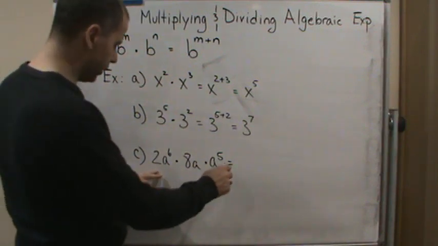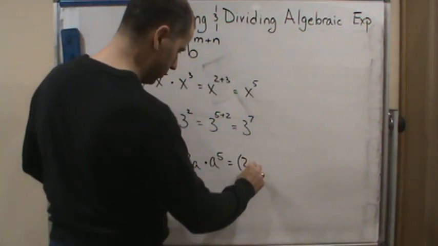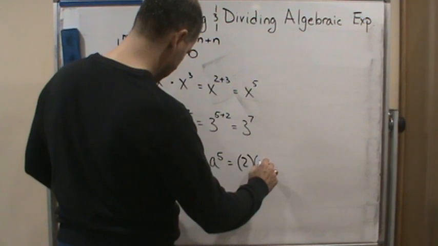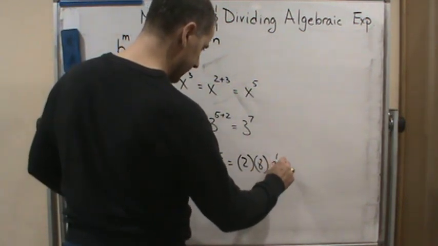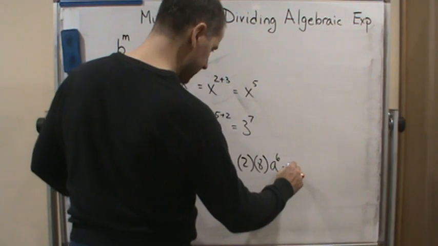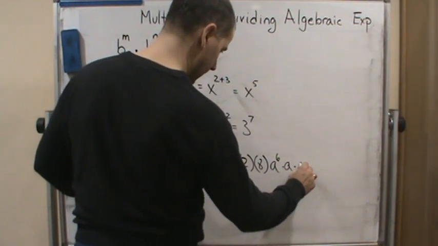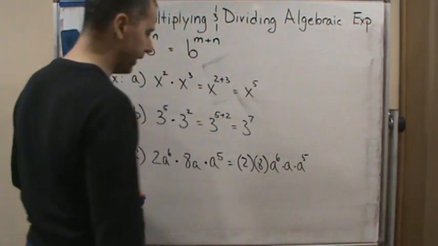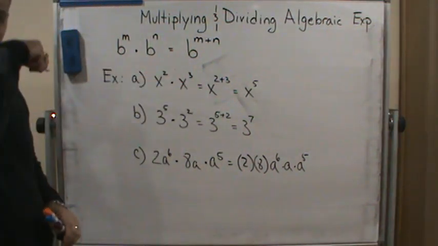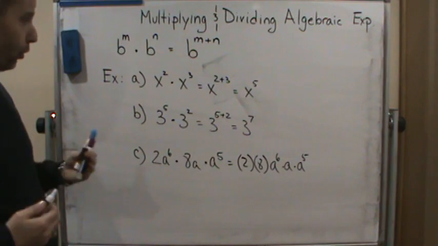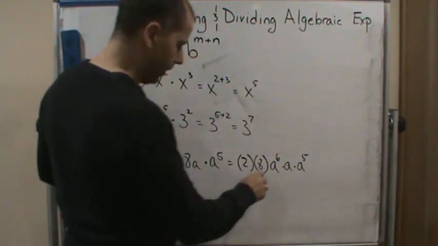So here I'm going to use the commutative property, so this is going to be 2 times 8, and then times a to the 6th times a times a to the 5th. And again, I can apply this rule to a product of more than 2 numbers.